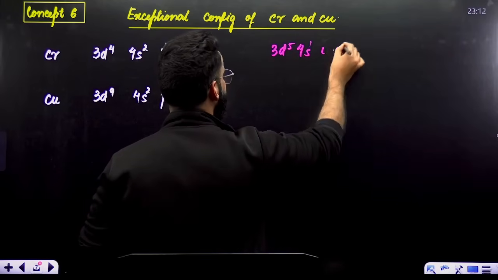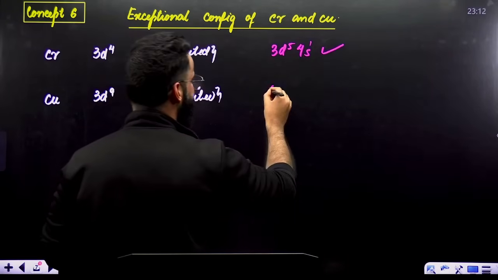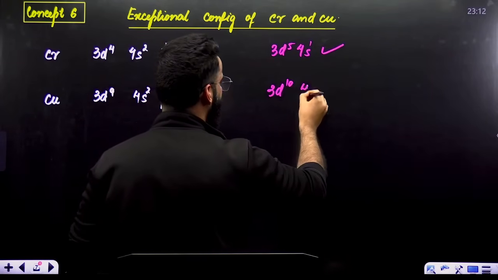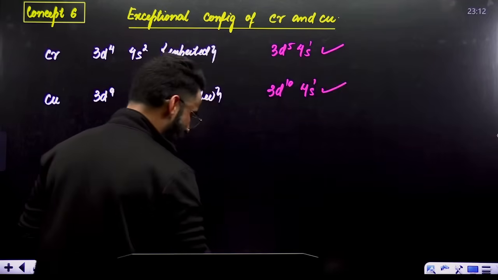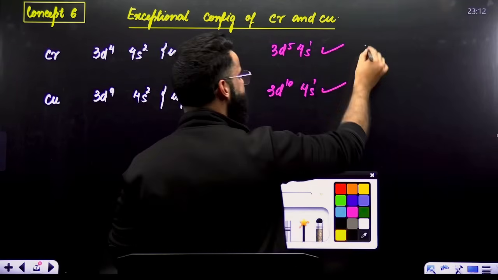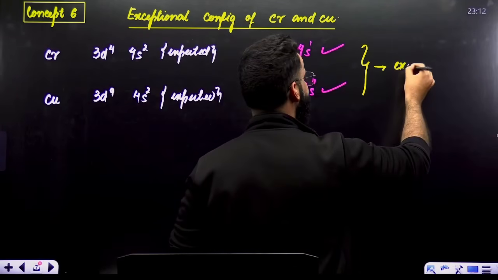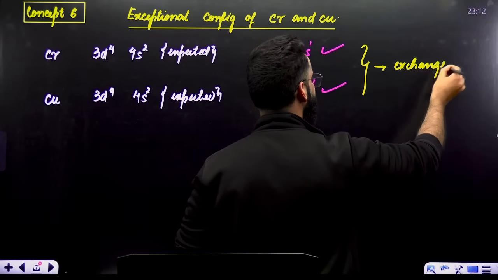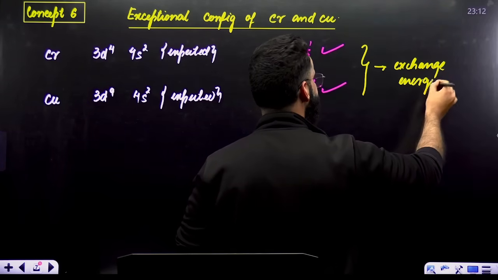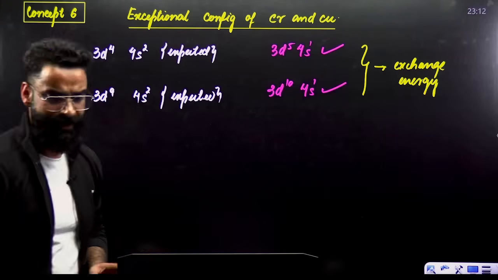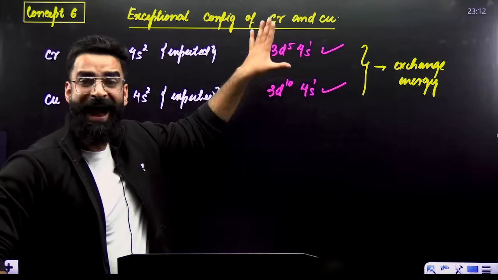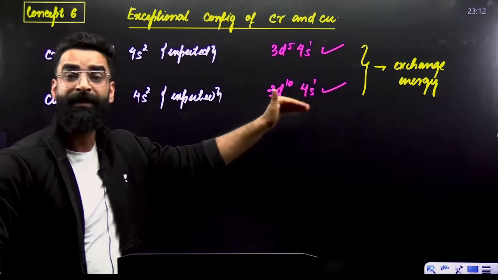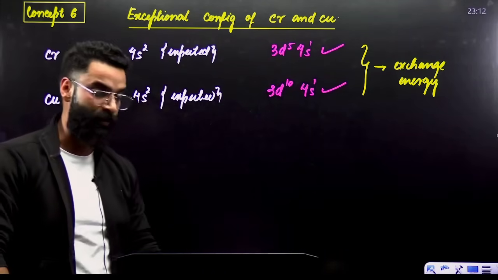This is the actual configuration. And actual configuration of copper is nothing but 3d10 4s1. And why does this happen? The reason is mainly because of the exchange energy. So remember this as well. The reason is exchange energy. Perfect. So my dear students, these are the actual configurations of your chromium and copper. These are the expected configurations of your chromium and copper.